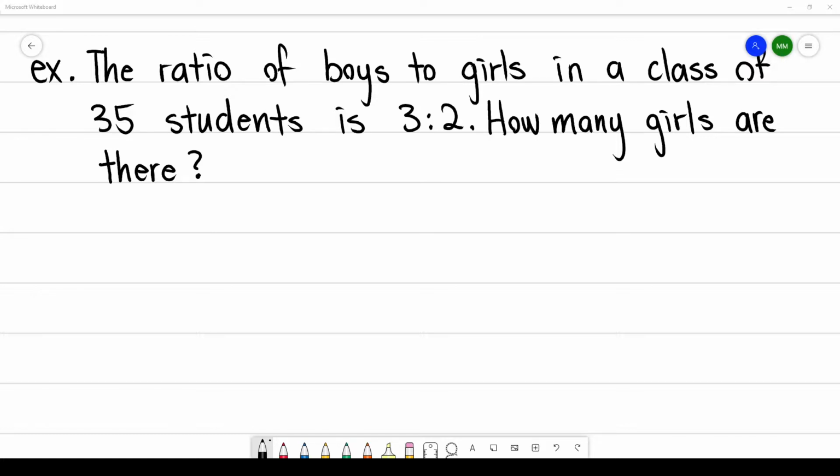Ah, so okay, you tried 7, I see. Yeah, trying numbers is actually a good strategy to start. And for this question it is an easy strategy because the numbers are small.